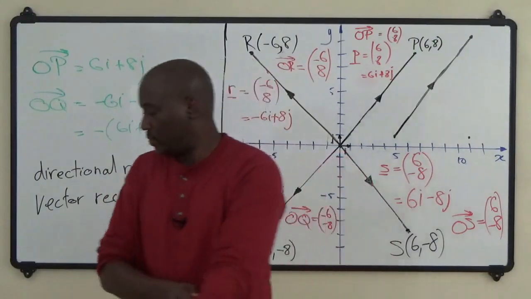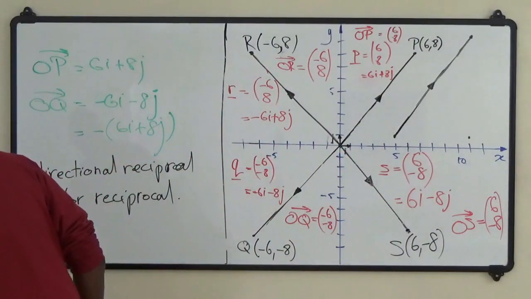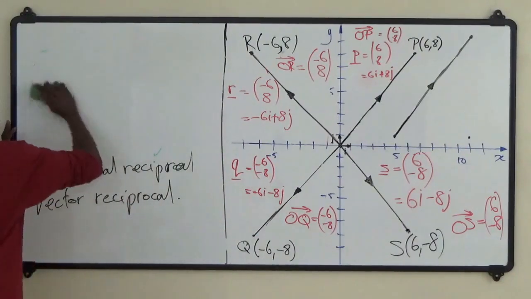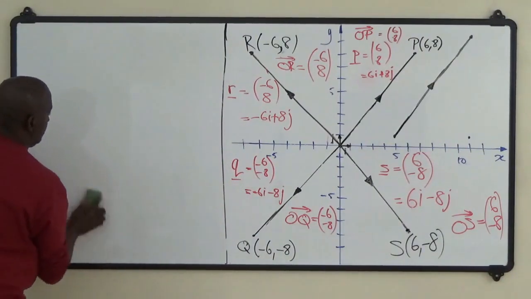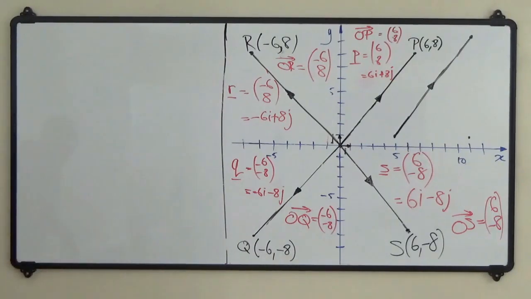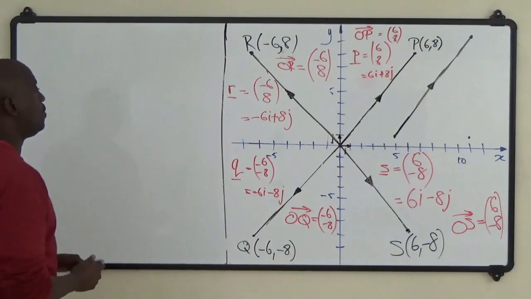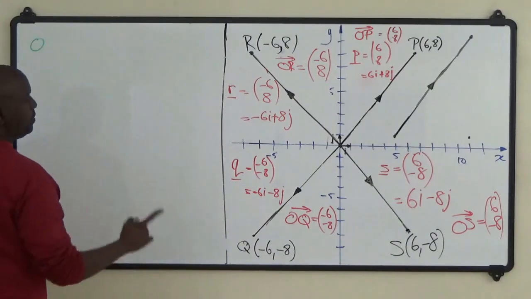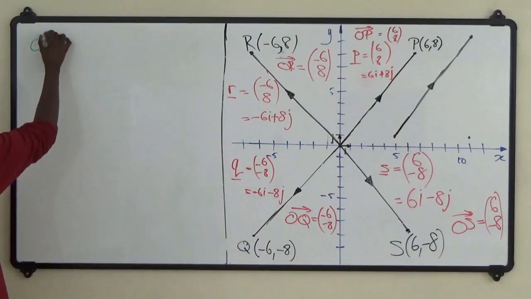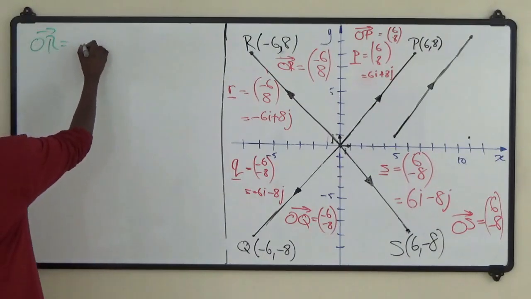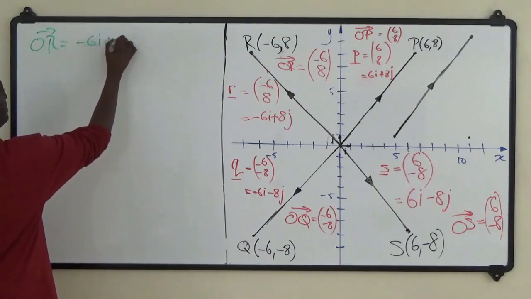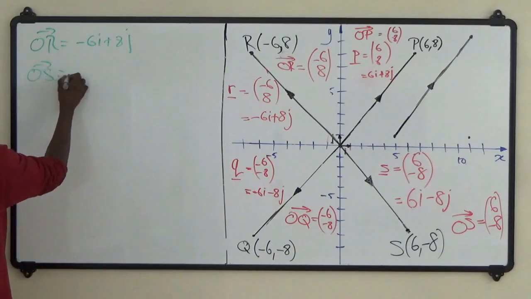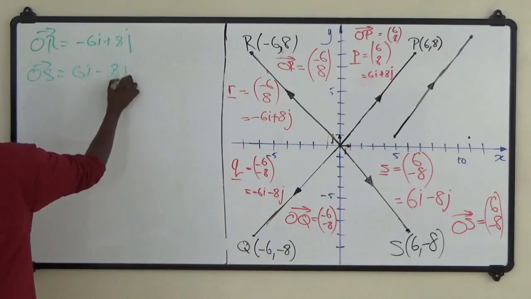Right? So first of all, I might just do the same thing here that I did for the others. Right? So O, P, Q, R. So OR is equal to minus 6i plus 8j, and OS is equal to 6i minus 8j.